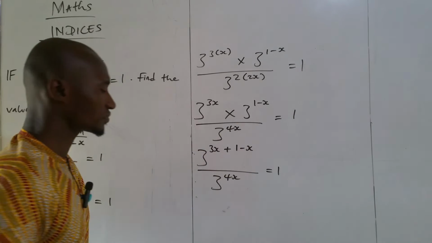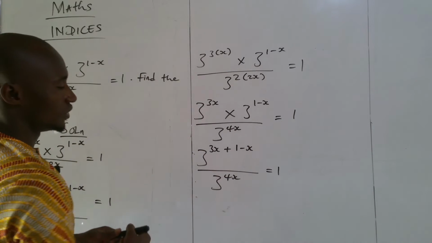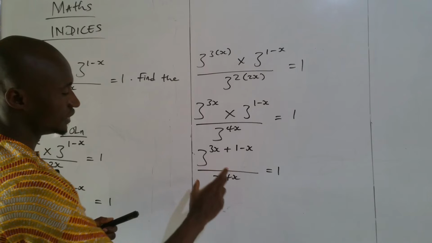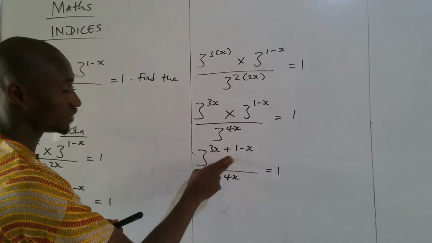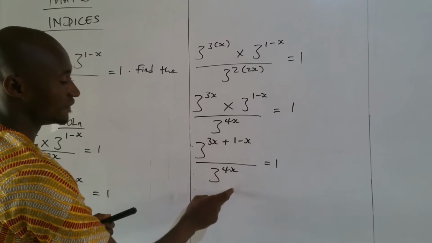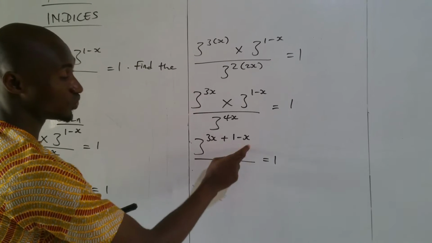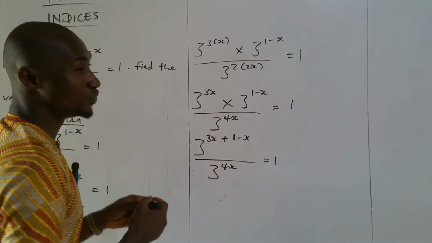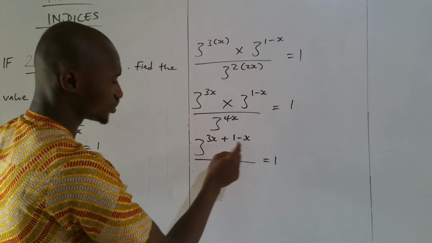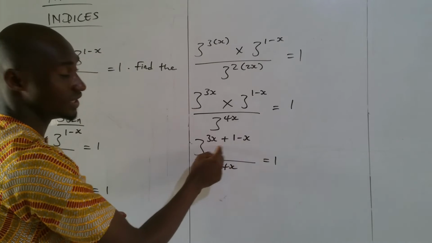So now, from here, the denominator and the numerator, this thing is showing us the division law. So before we dive into the division law, we need to collect like terms over here. You get?